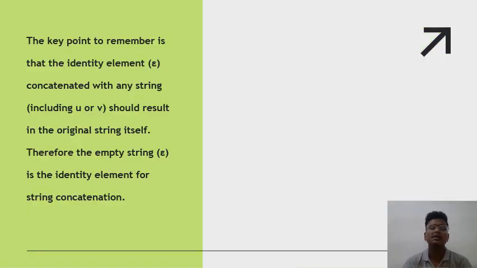So the key point to remember is that the identity element epsilon concatenated with any string, including u or v, should result in the original string itself. Therefore, the empty string is the identity element for string concatenation.